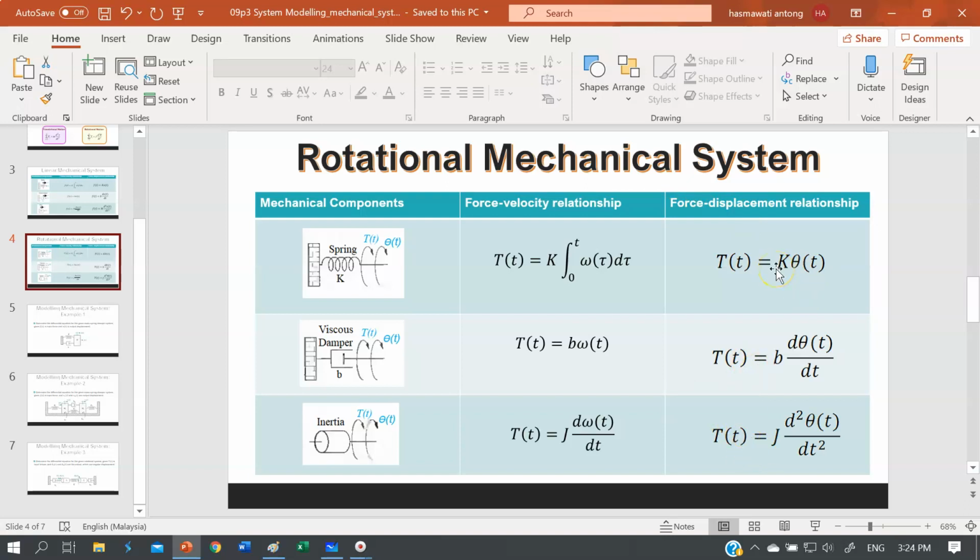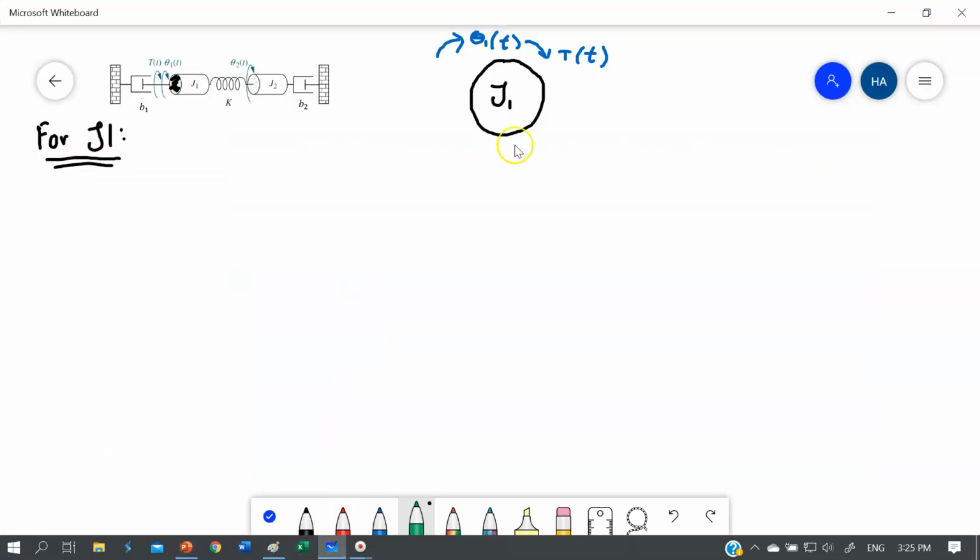So you have here for the spring, the damper, and the inertia. So if we substitute this into our free body diagram, we'll have one reaction torque due to J1, given by J1 multiplied with the second derivative of the angular displacement.